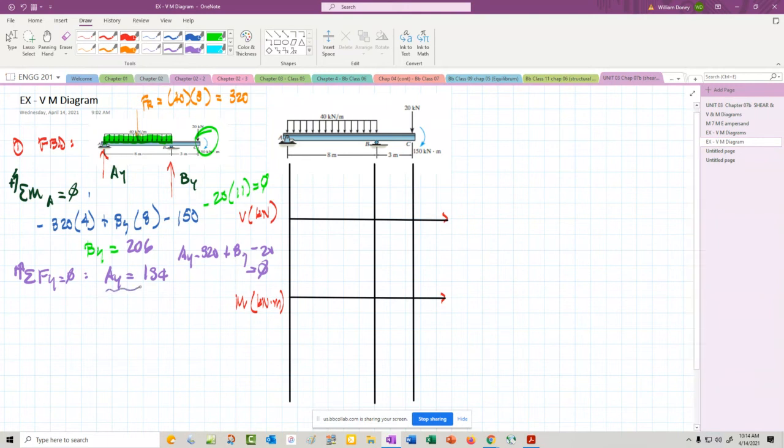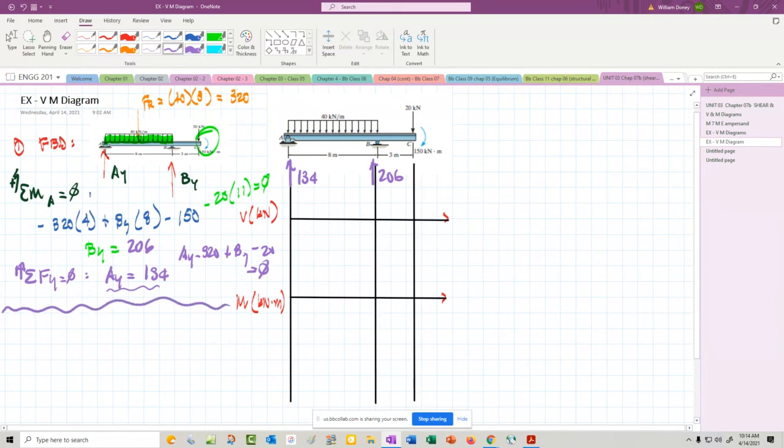So 134-ish, and right here we have 206, and then nothing happening at the end. All right, so that's just doing the free body. That gives us a point there. Now understand, when we have that 134 at the end, we're sort of expecting that the 134 will jump right here too. Jump up by 134.